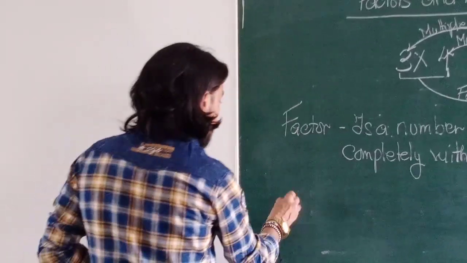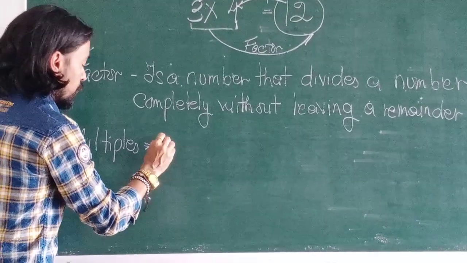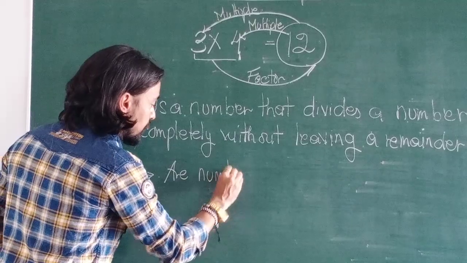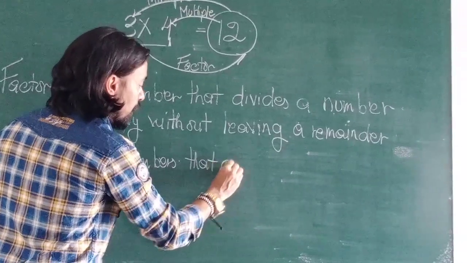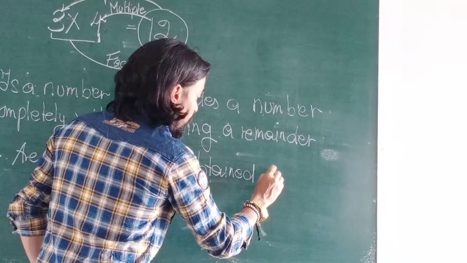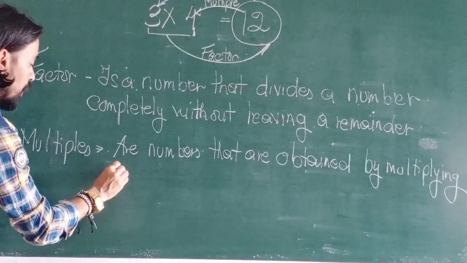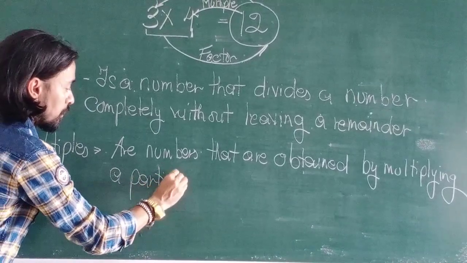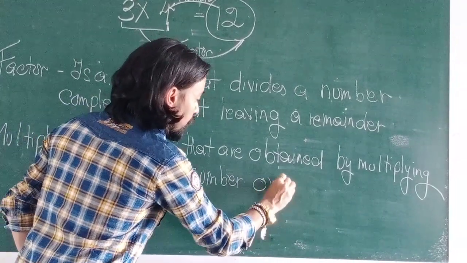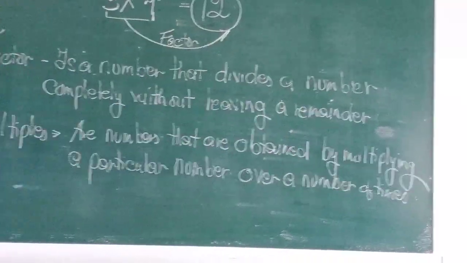So we can also say that multiples are numbers, because they're more than one, that are obtained by multiplying a particular number over a number of times. So this is by definition.